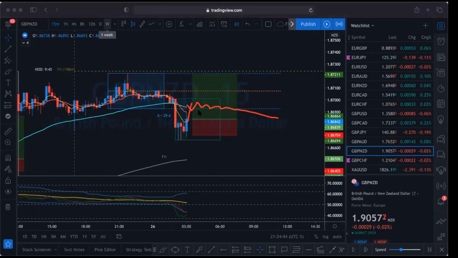So if you get into this trade, you have to be aware of that. If price seems to hit a roadblock at the 50, then it might turn into more of a break-even trade or maybe a slight loss if you get into this. So you have to be aware that could very well happen.